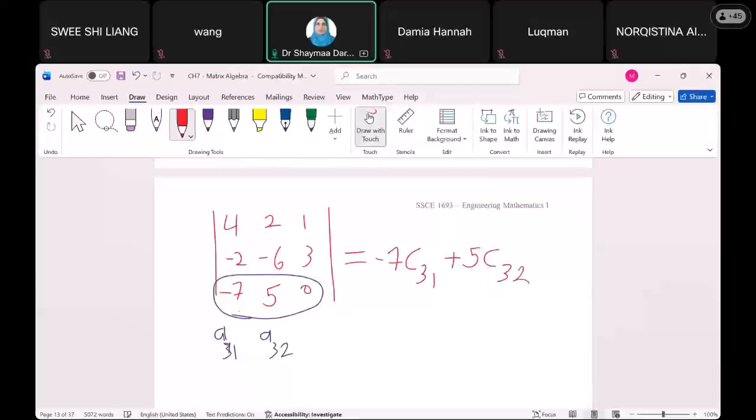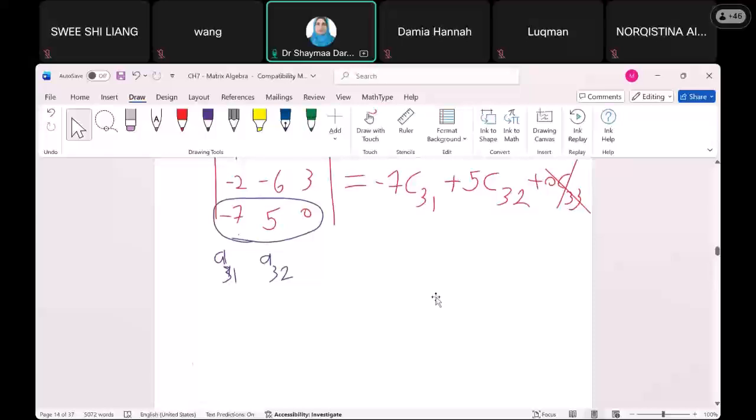The determinant is equal to minus 7 cofactor 3,1 plus 5 cofactor 3,2 plus 0 cofactor 3,3. This last one cancels because it is multiplied by 0. So to find the determinant, you need to find cofactor 3,1 and cofactor 3,2.